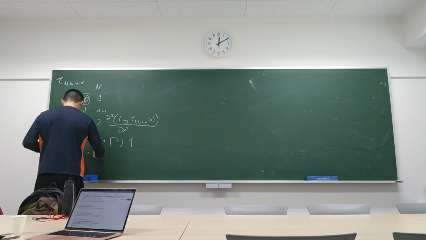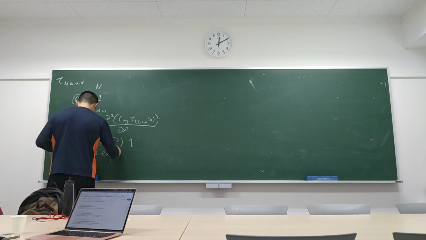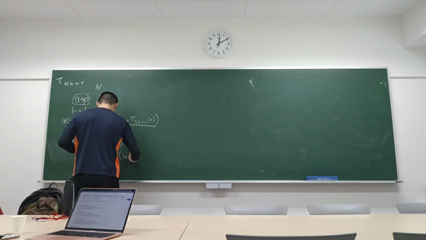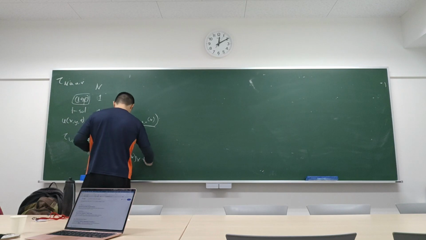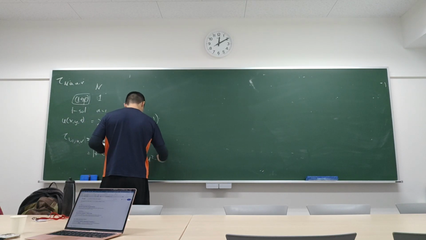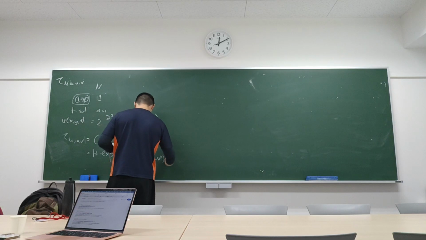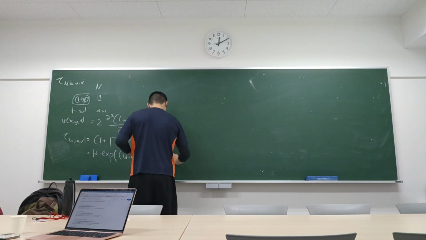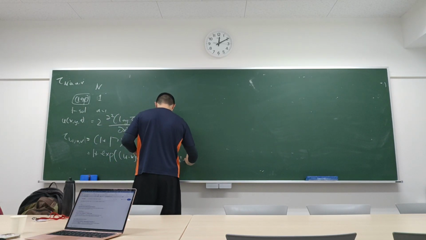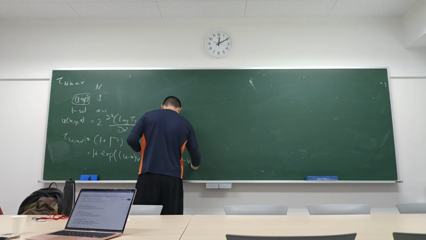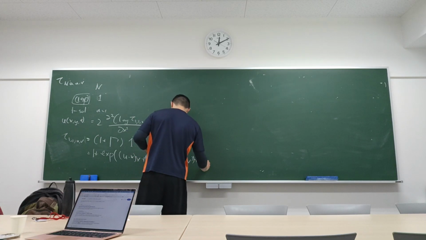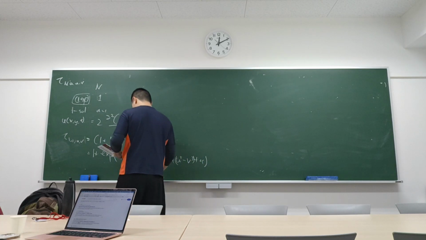So this is going to be 1 plus exponential of (u minus v) x plus (u squared minus v squared) y. This c is a constant.